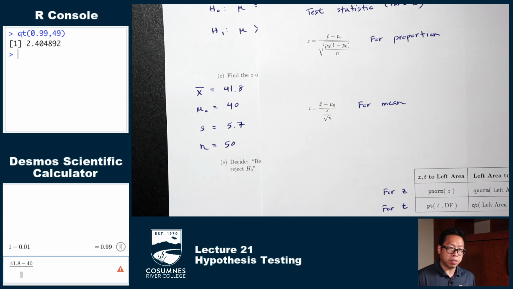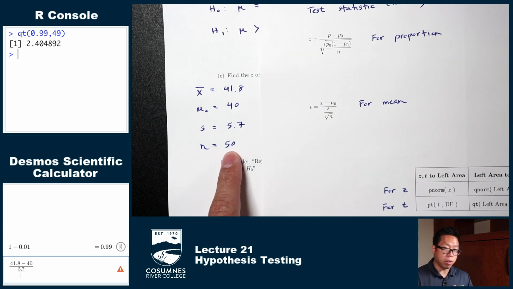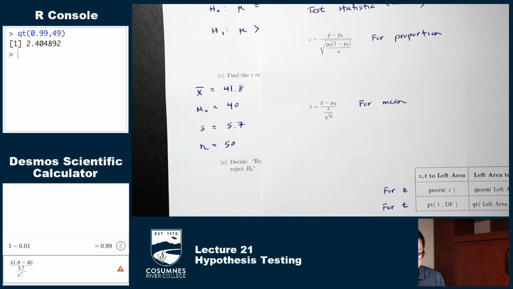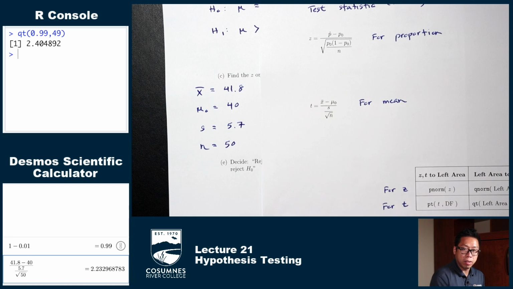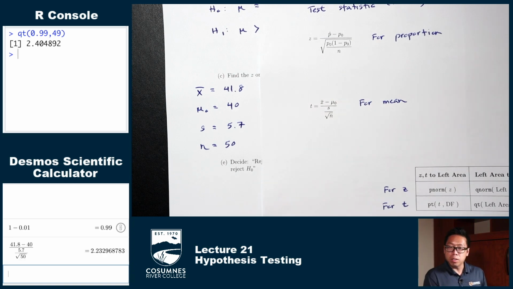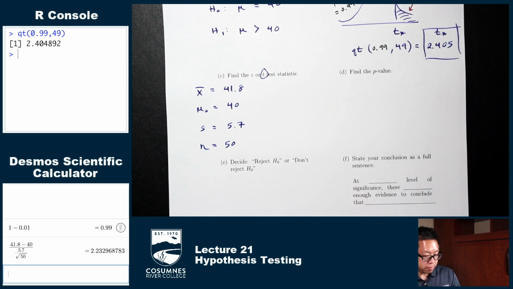For the bottom fraction, up top it's s, which is 5.7, and then over the square root of n, square root of 50. Make sure what you see in decimals looks exactly like the t formula here. And once it does, you can hit enter. And I get 2.233. So round it to 3 decimal places.